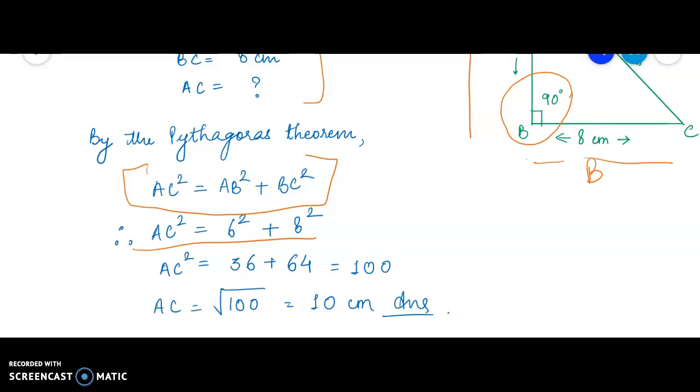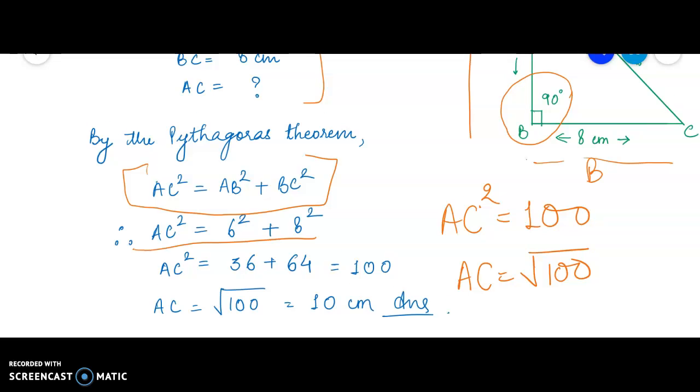Now, I need to find AC, right? Not AC square, but AC. For that, while transferring the square to the other side, it will change to square root. So AC square was 100, so AC will be the square root of 100.